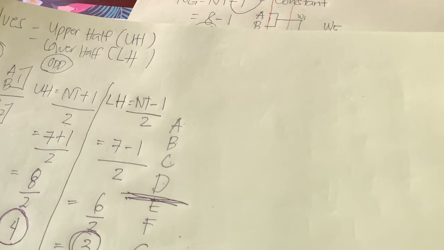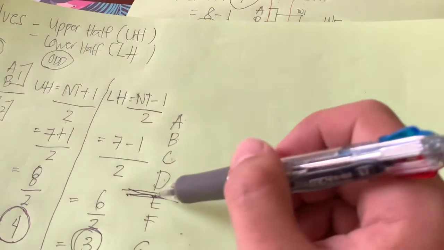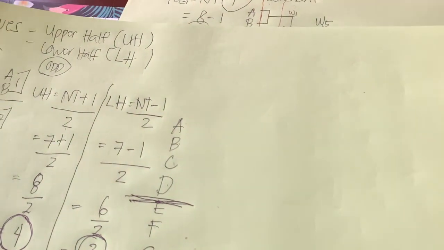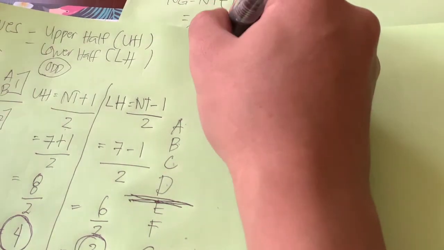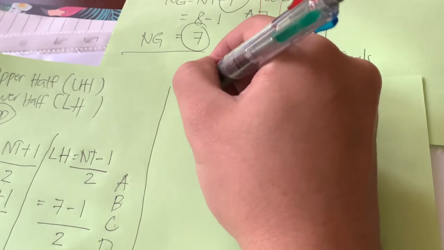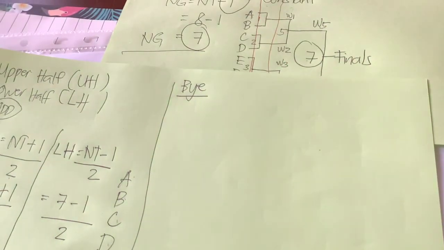Okay? Now let's go back to here. Remember the half system, okay? This is the formula. If you can, take a screenshot of this. Now let's talk about the byes. Now a bye is an advantage. During the draw lots, the fixture is being formed.